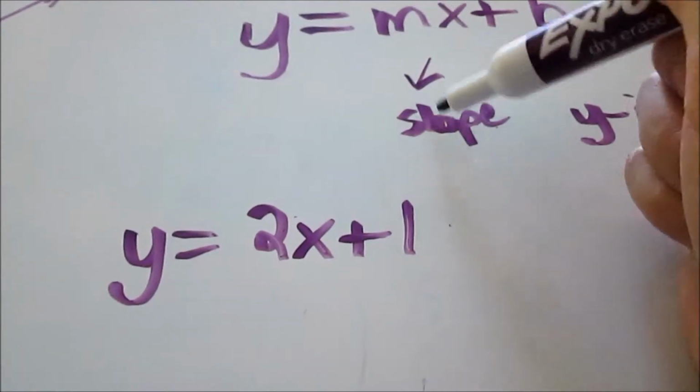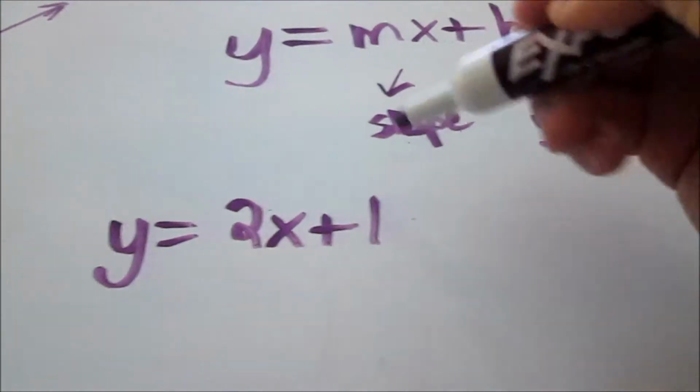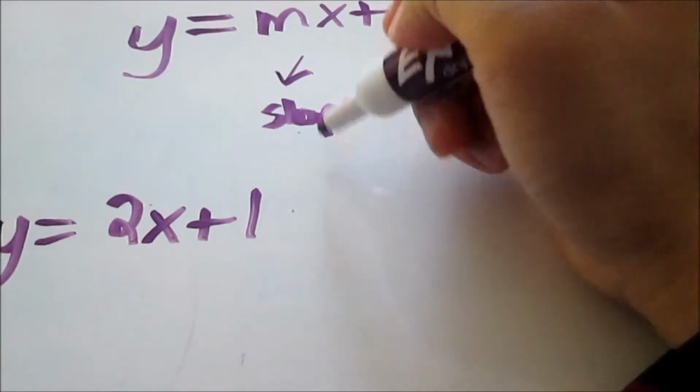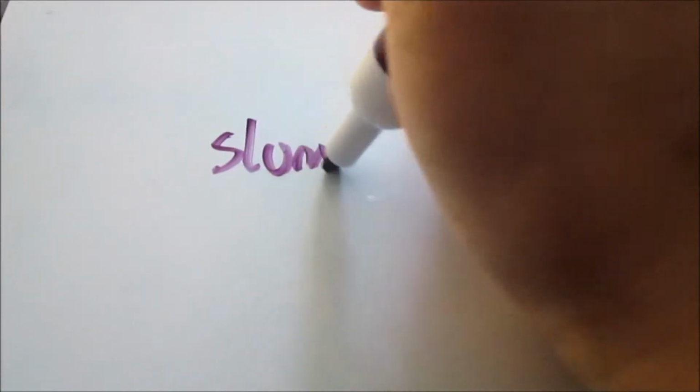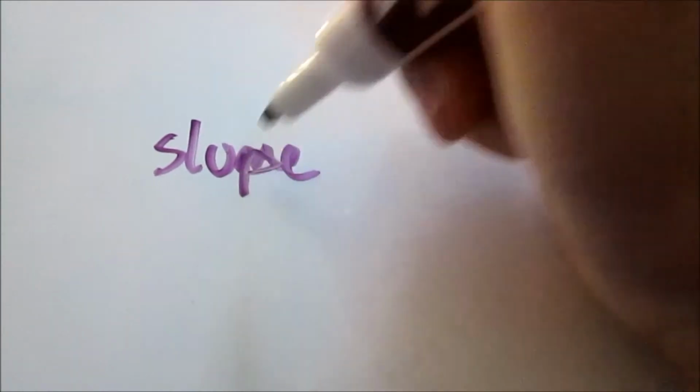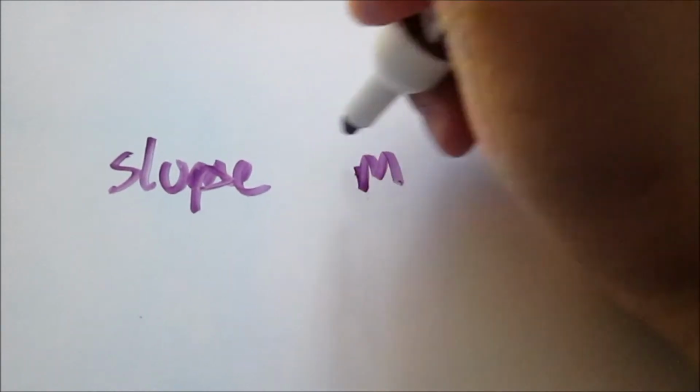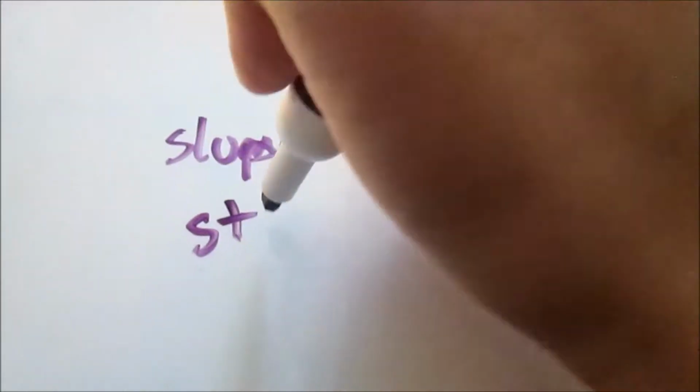Part 1, m, slope, will determine the steepness of the line. Okay, I'm going to write slope here again, and I'm going to put m: will determine steepness.